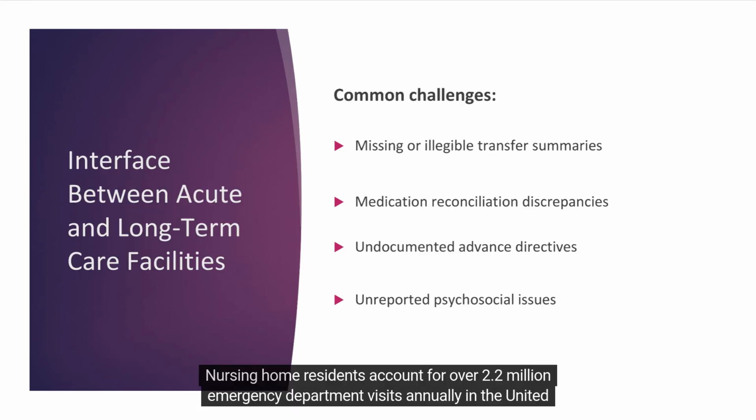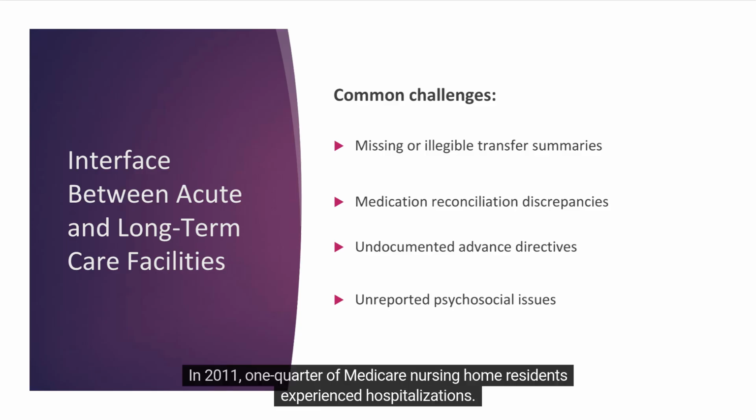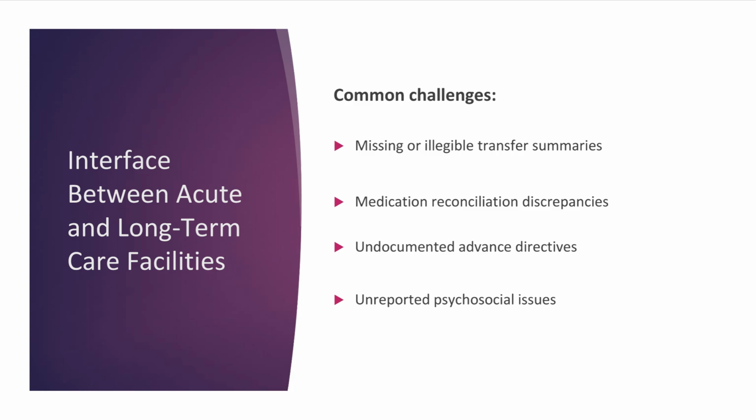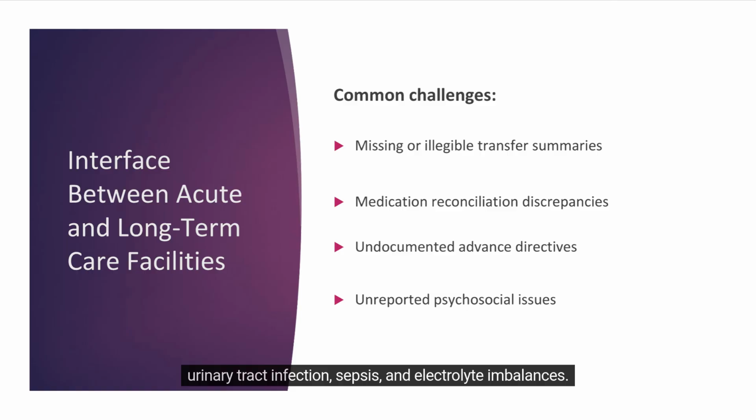Nursing home residents account for over 2.2 million emergency department visits annually in the United States. In 2011, 1/4 of Medicare nursing home residents experienced hospitalizations. 5 conditions account for most resident rehospitalizations, including congestive heart failure, respiratory infection, urinary tract infection, sepsis, and electrolyte imbalances.